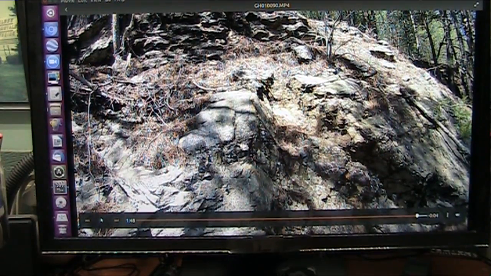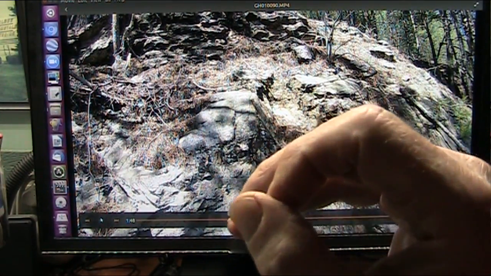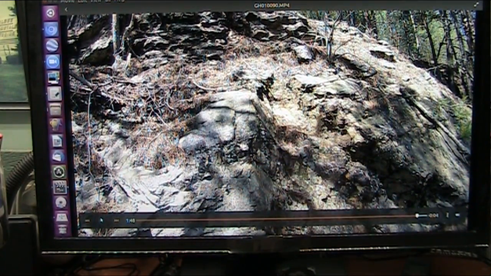Now, the other thing I want to point out is that when you look at layers of tissue and layers of skin and so forth, they seem to be a couple of layers.